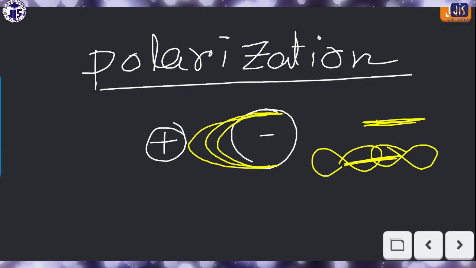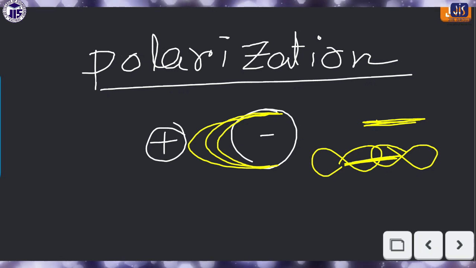Now look here, if it is the overlapping of orbitals, then when the overlapping between the two orbitals is more, obviously the percentage of the covalent bond will be more. Actually there is nothing like 100% covalent or 100% ionic.